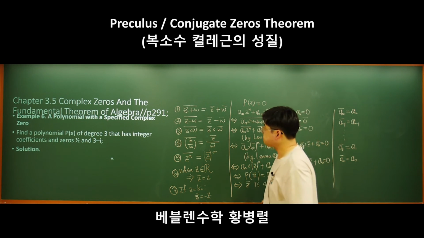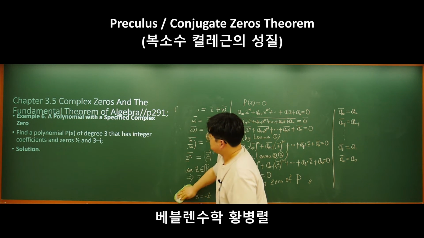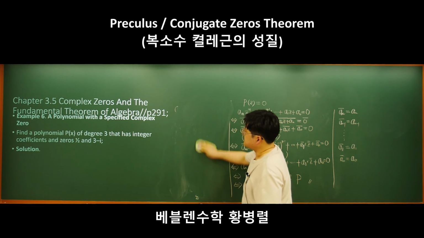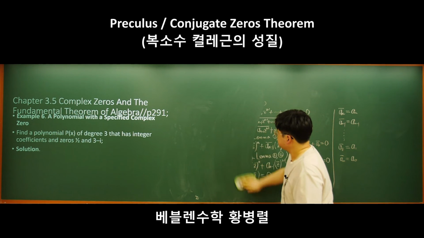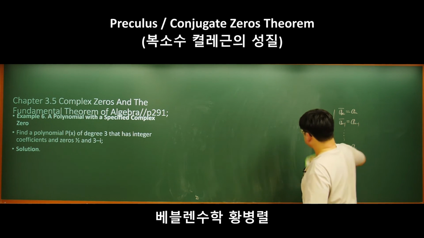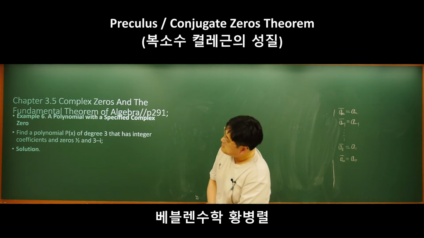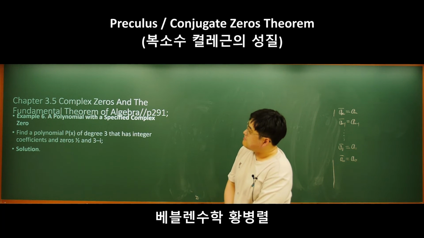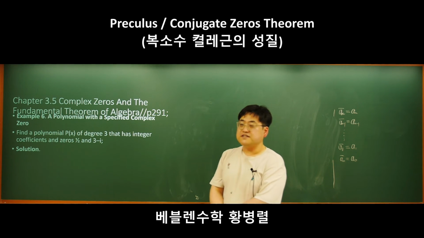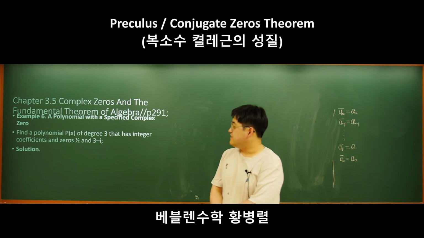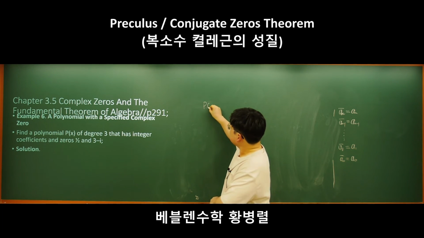Then by this theorem, let's solve example 6. Let's read the question of example 6. Find the polynomial p(x) of degree 3 that has integer coefficients and zeros 0, 1 over 2, and 3 minus i.